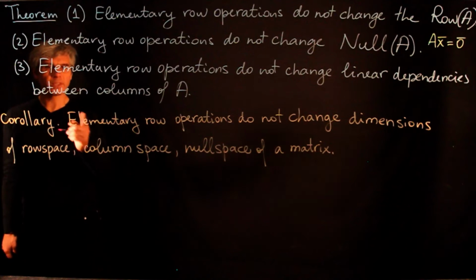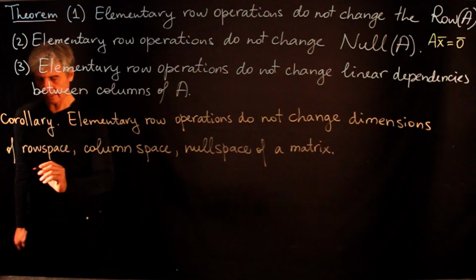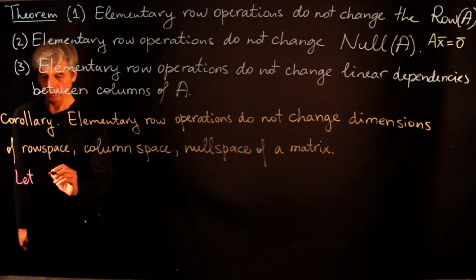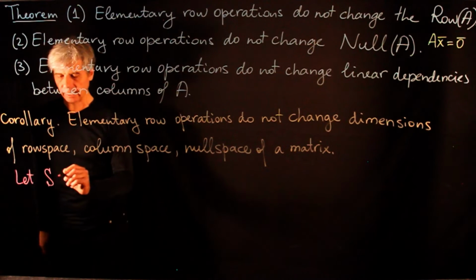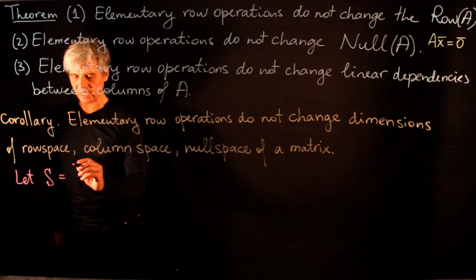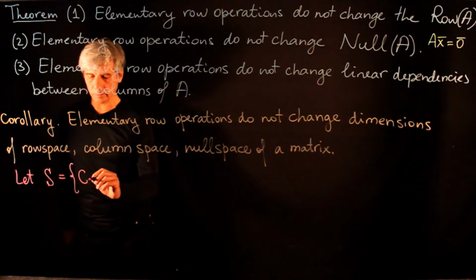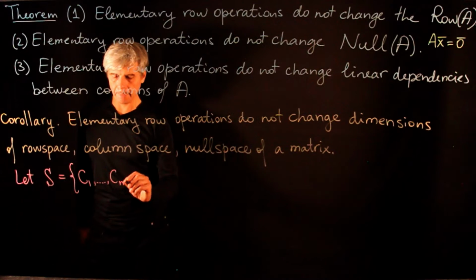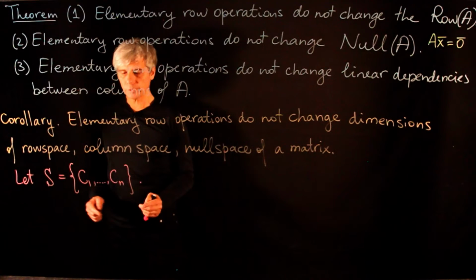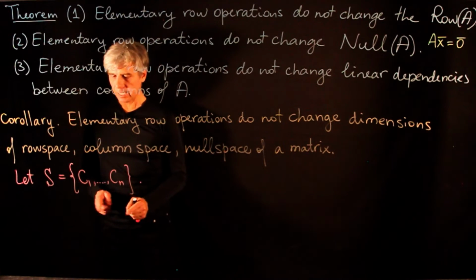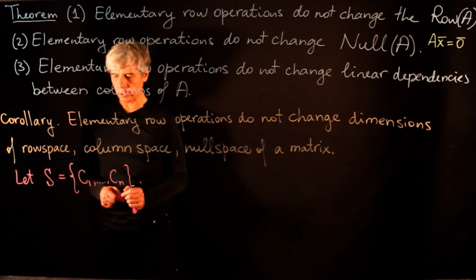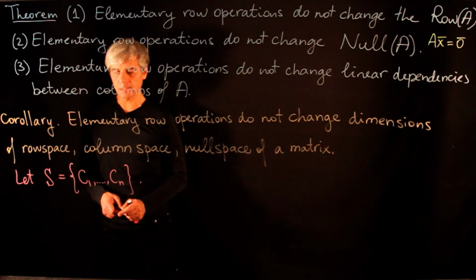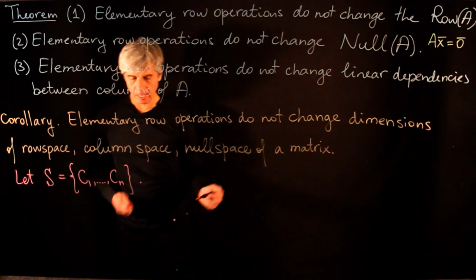So to prove that the dimension of the column space does not change, consider the set of columns. So let S be the set of columns of our matrix. What we proved in a previous lecture is that for any set of vectors, there is a subset which is linearly independent and has the same span.